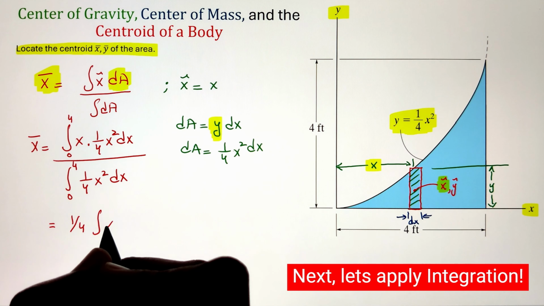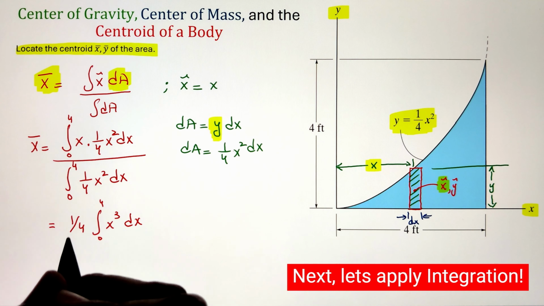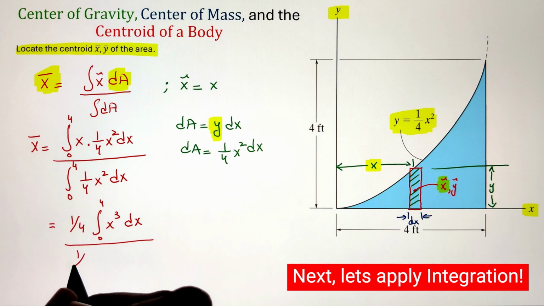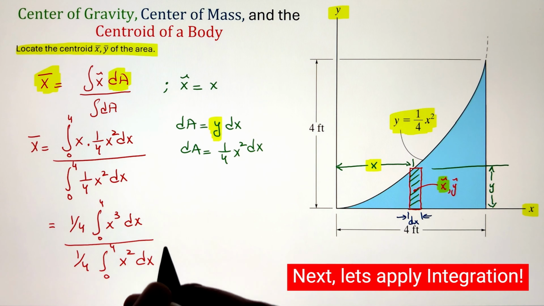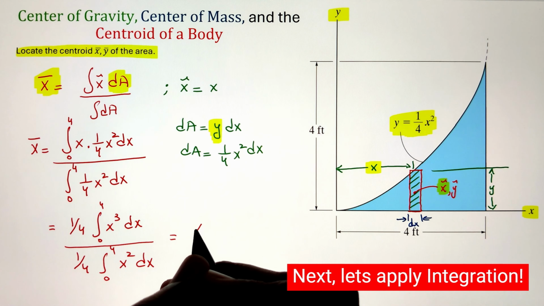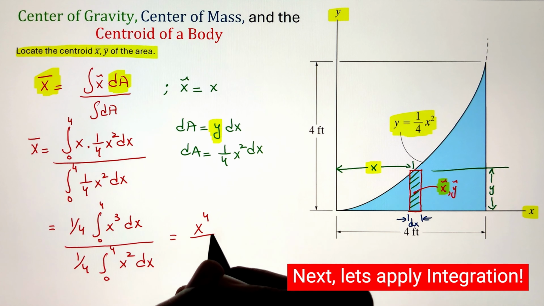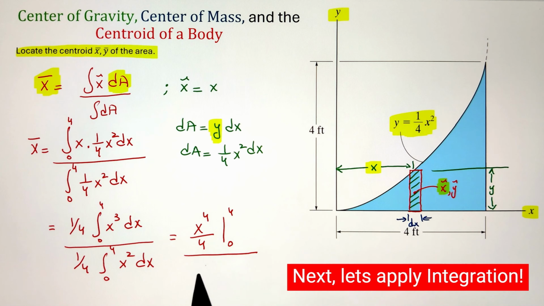Similarly, dividing that with the integral of our differential area, simplifying, we can get our constants out, that is 1 over 4 and 1 over 4, and cancel those terms, and then perform the integration on x cubed and x squared. So as you recall, the integration of x cubed will be x raised to power 4 divided by 4.